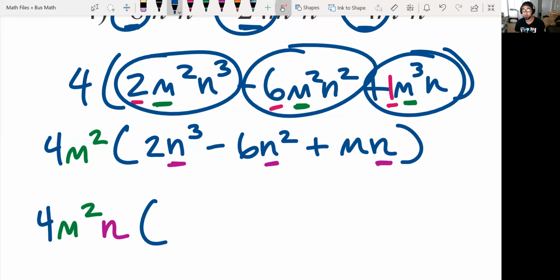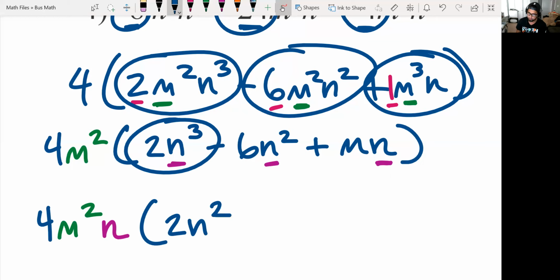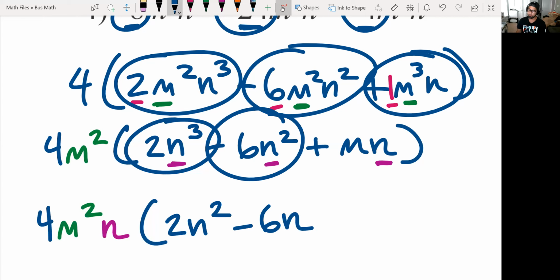And in your parentheses, now we take n from 2n cubed, which would leave me with 2n squared, minus n from 6n squared will leave me with 6n, plus n from mn will leave me with m.